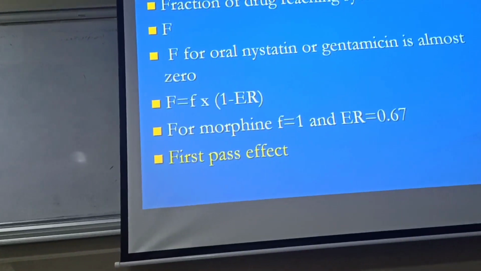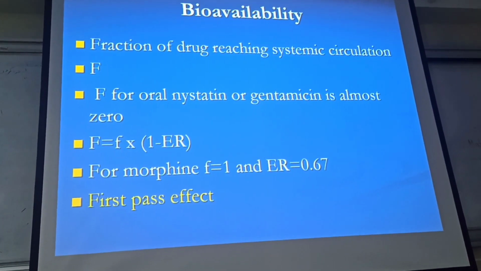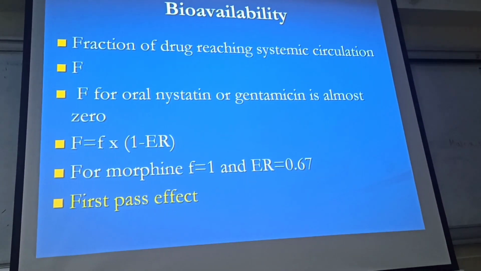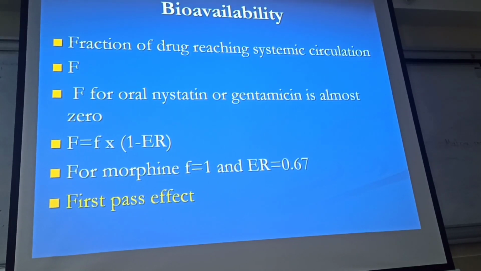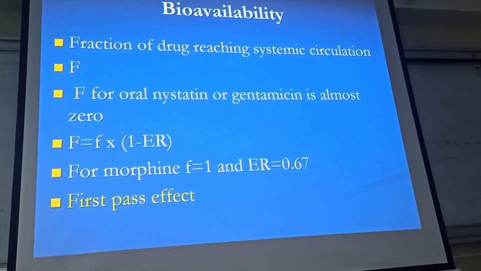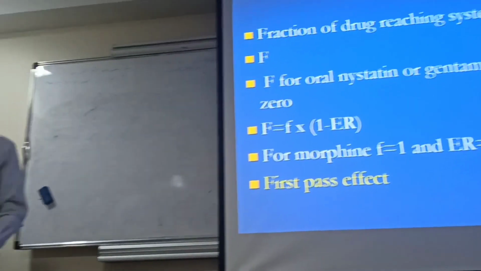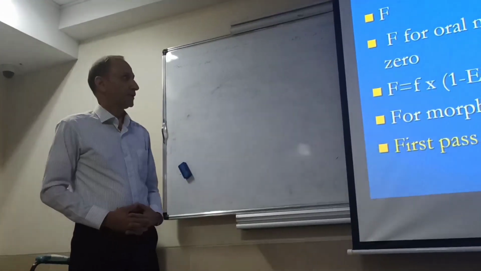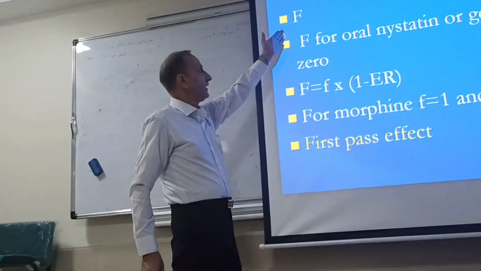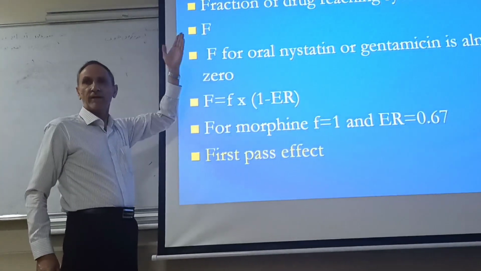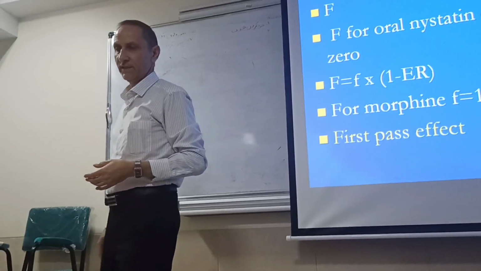First, the term bioavailability. It is the fraction of a drug that reaches the systemic circulation, or the percent of a drug that reaches the systemic circulation. It's shown with a capital F, which means fraction.